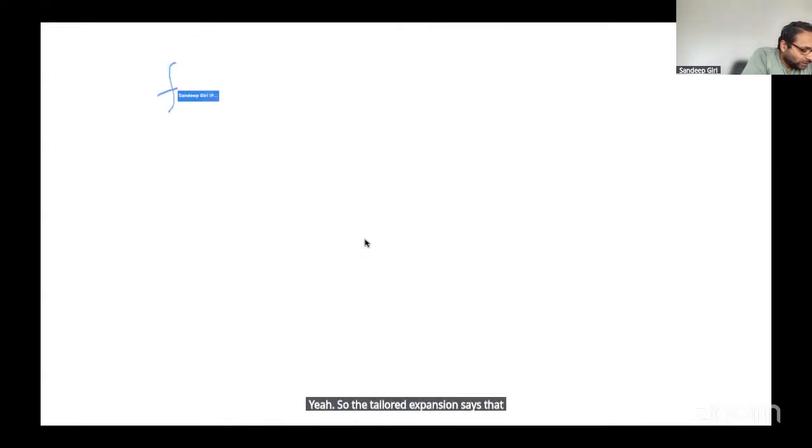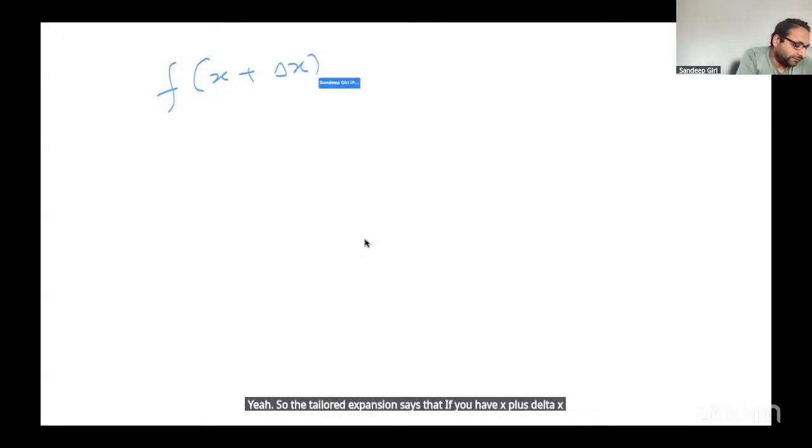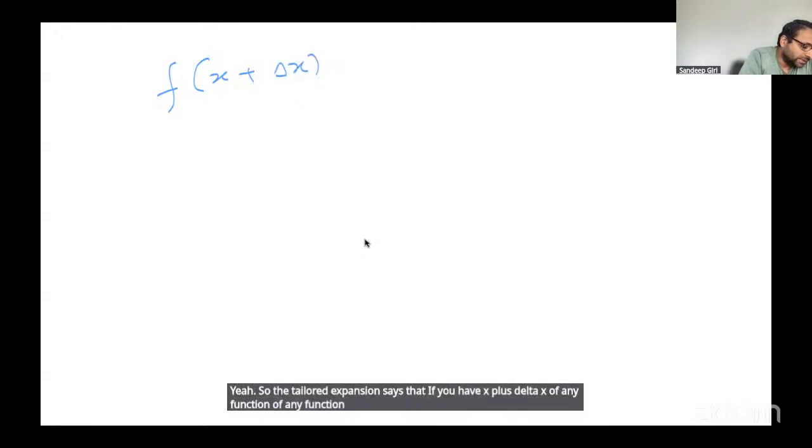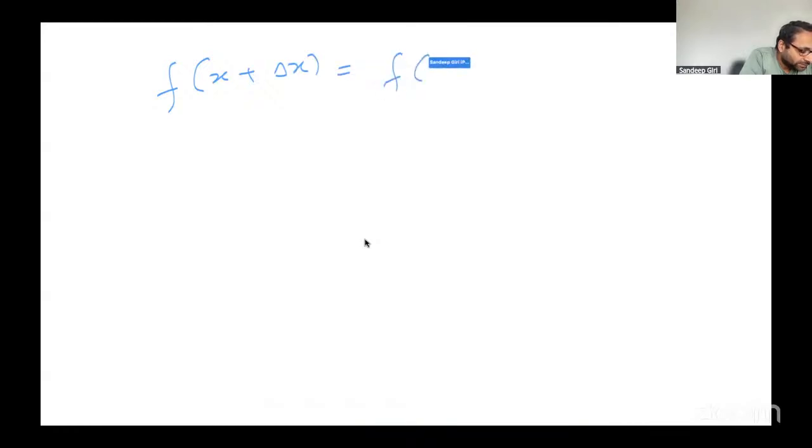Yeah. So the Taylor expansion says that if you have f of x plus delta x of any function, you can write it like this.